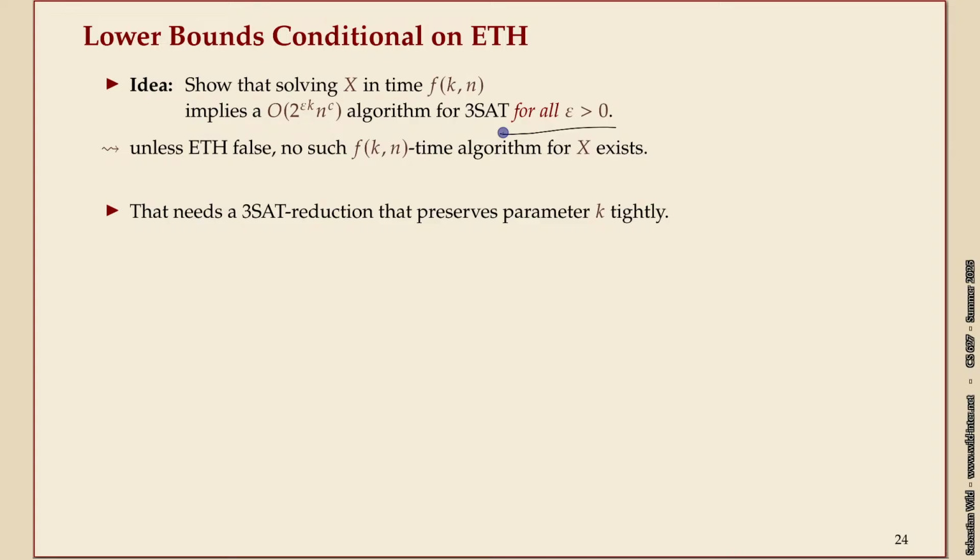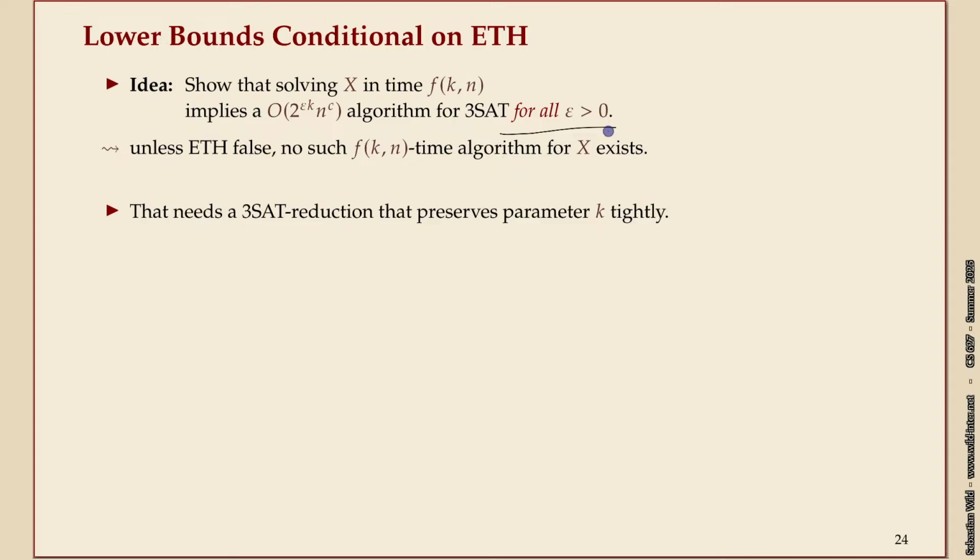And in this case, C, for example, could be a function of epsilon. It could be for any constant epsilon, n to the 1 over epsilon would still be a polynomial. But it has to decrease the base of the exponential part arbitrarily much. Okay.